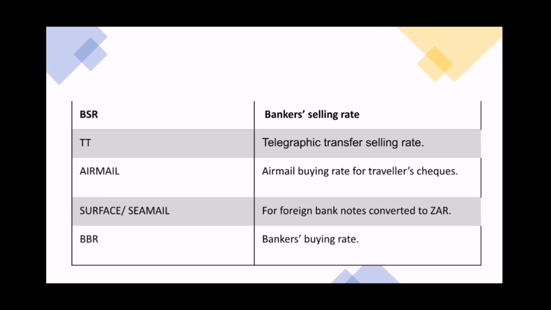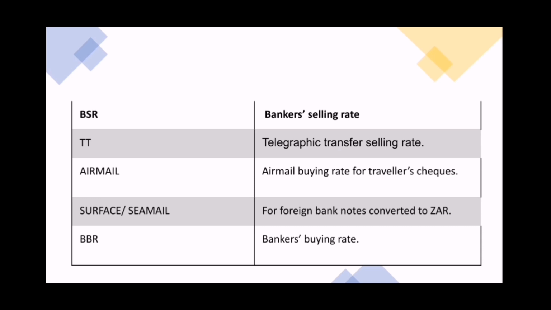You have the TT, which is the telegraphic transfer selling rate. And then you have the airmail, which is the buying rate for travelers' checks. And then the surface mail, for surface or sea mail, which is for converting banknotes into South African rands, right?